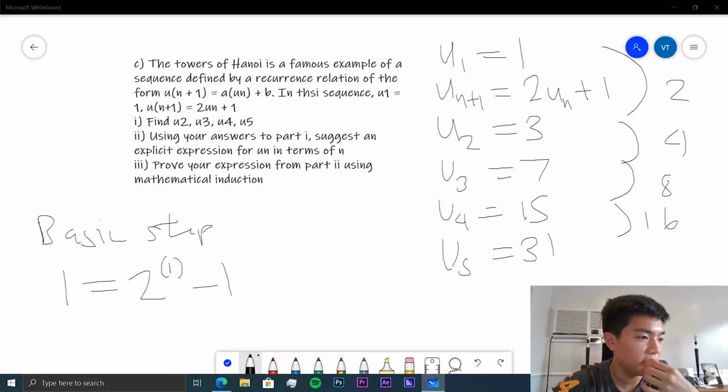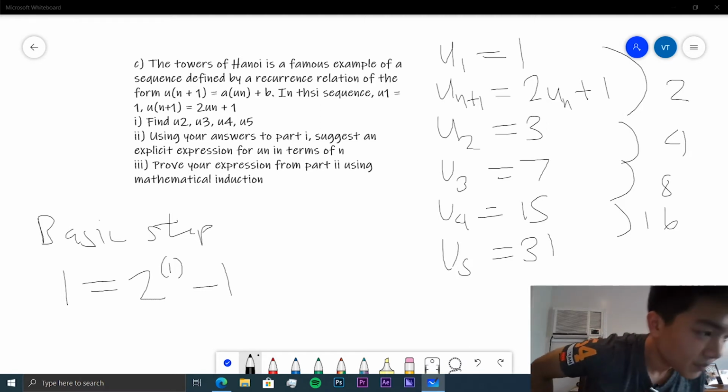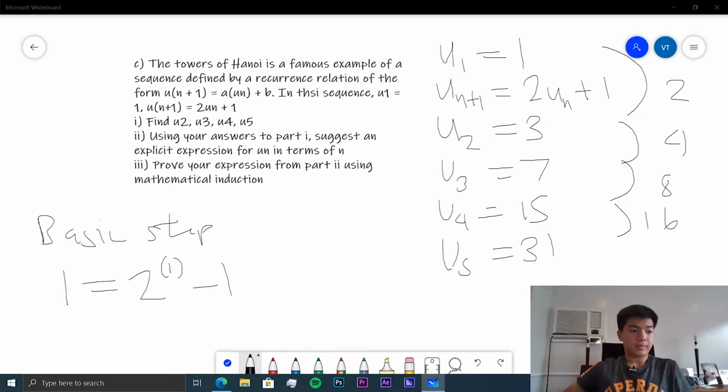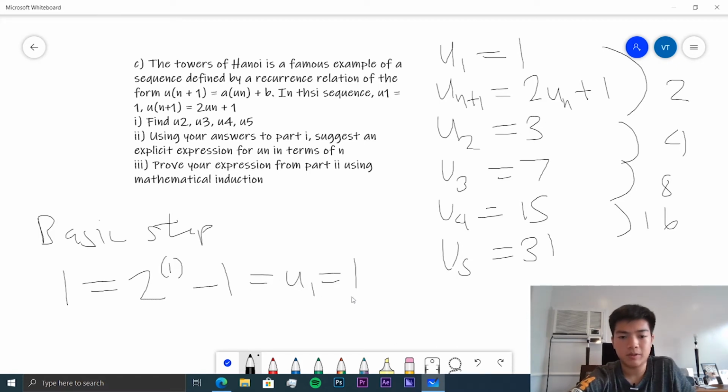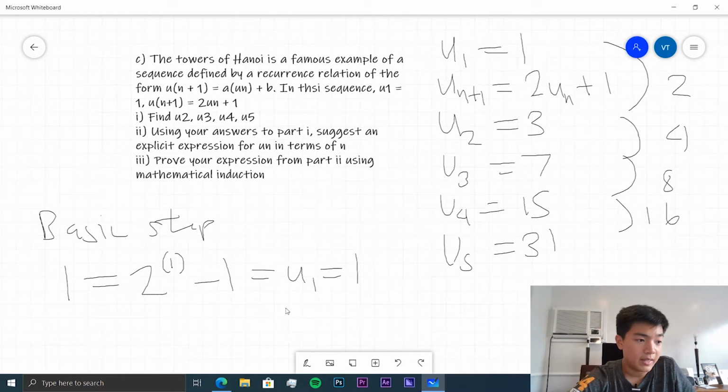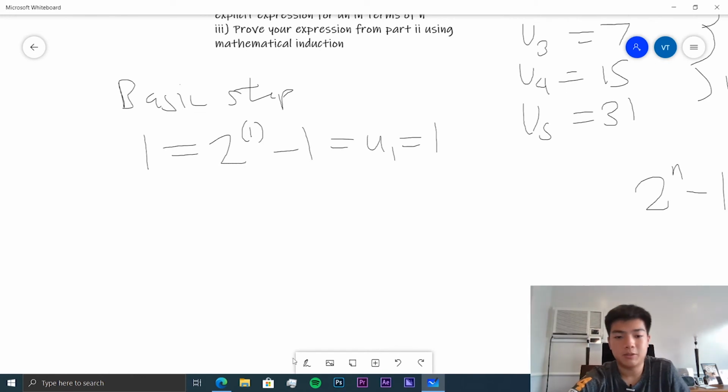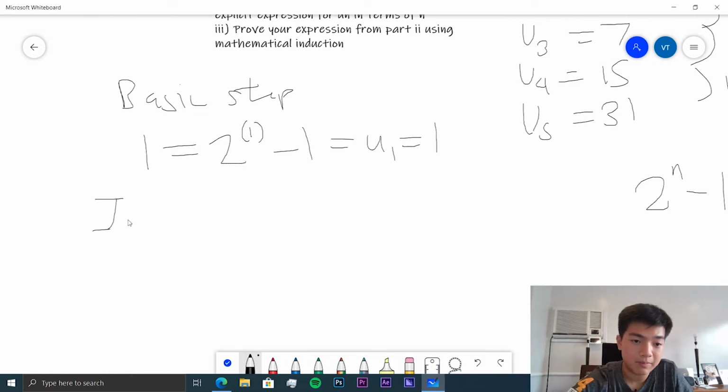That would be the first step. Yep, so this gives that the first term is equal to 1. And then, assuming that this is true, we now need to move to the inductive step.